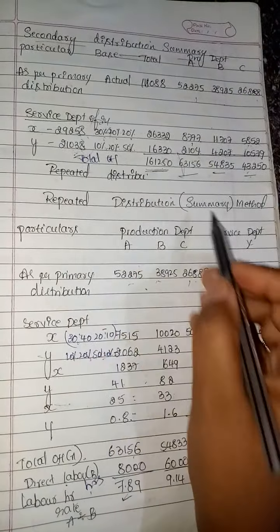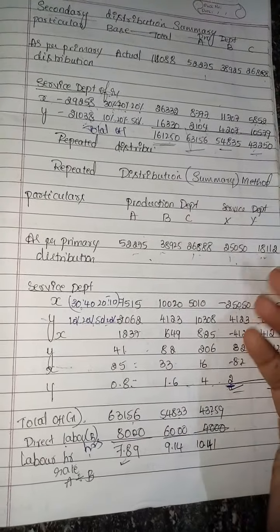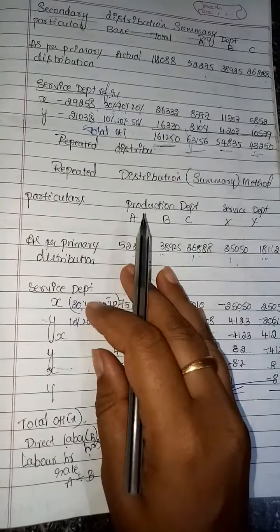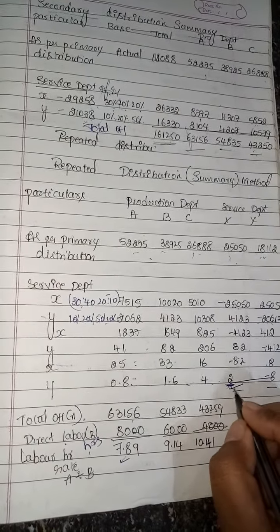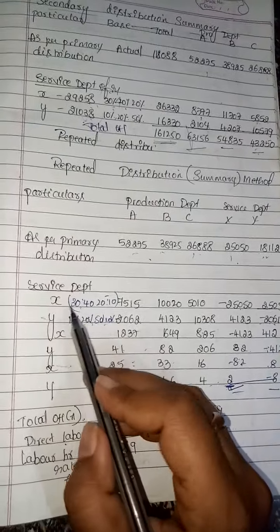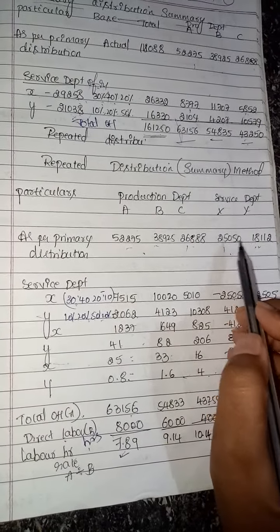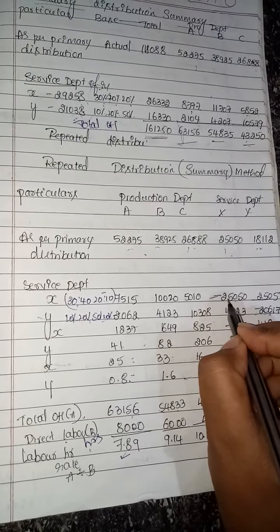As we know, in the repeated distribution method, we are dividing the service department values to each production department until getting two smaller values. Till that we need to calculate. See, department X will be first, 25,050.